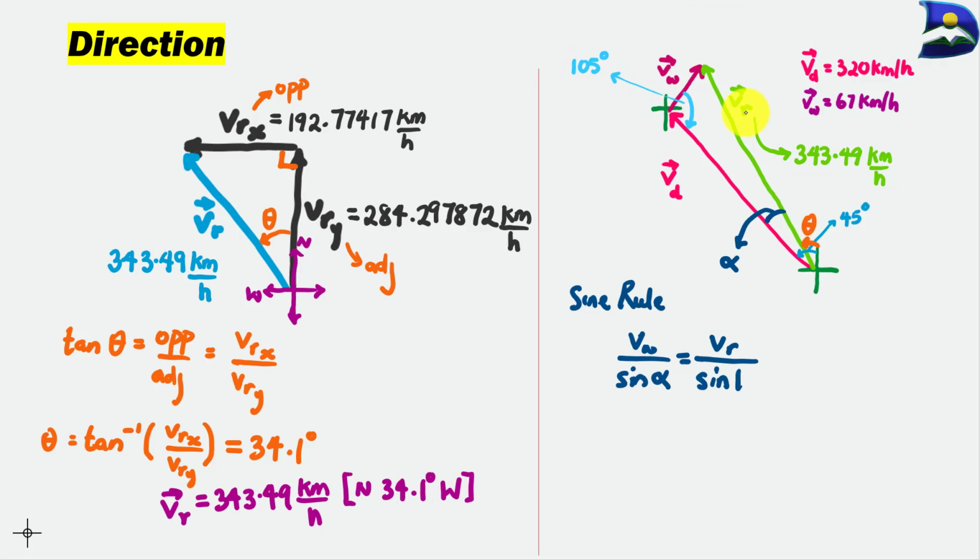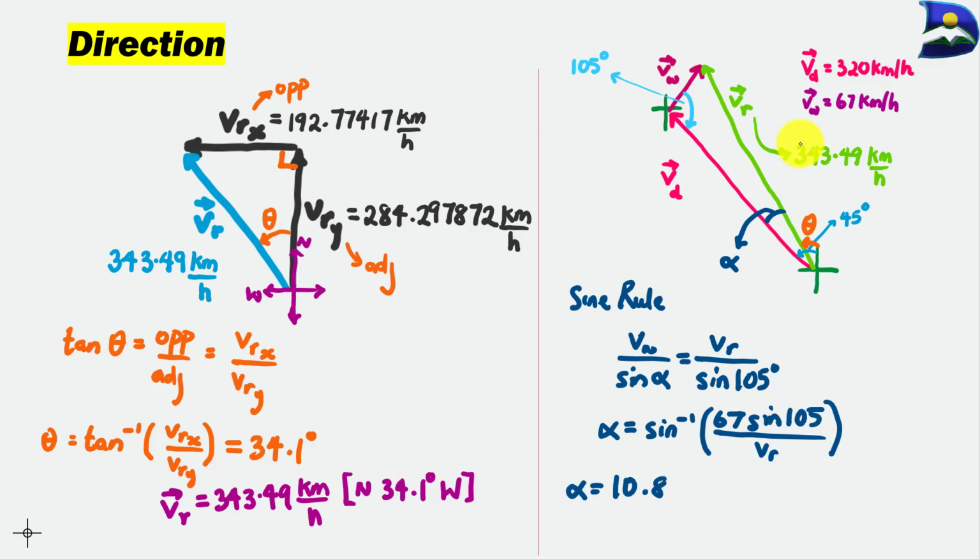And so once you have these, we are going to be able to solve for our alpha, and alpha we know is equal to 10.8599 degrees.